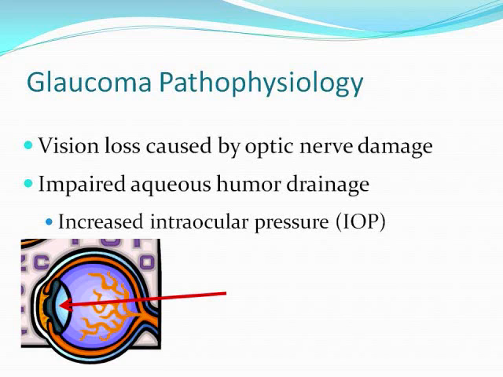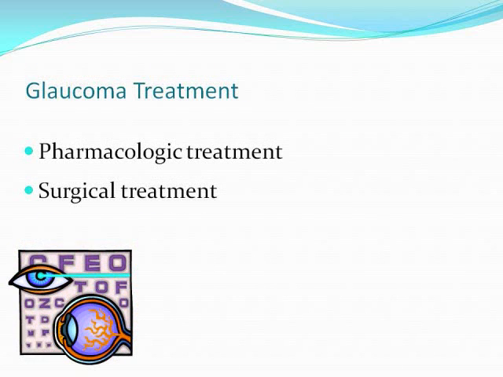And remember, this is just one more case where pressure is causing problems. Pressure is causing damage. There's pressure on the nerves. There's pressure on any blood vessels that are in that area that supply the nerves. We're ending up with ischemia, and ultimately we can end up with optic nerve damage. We treat it sometimes with drugs, sometimes with surgery.